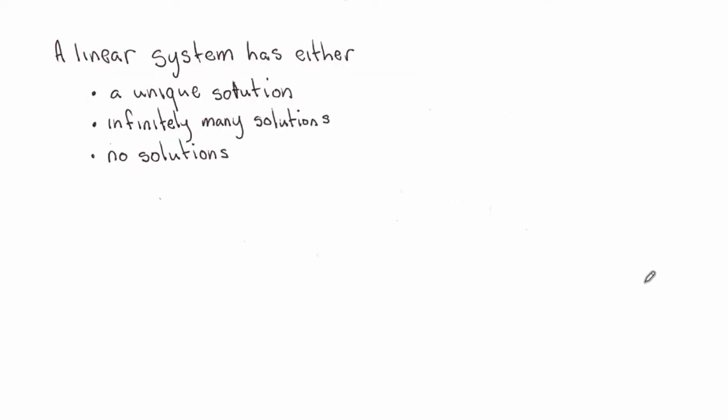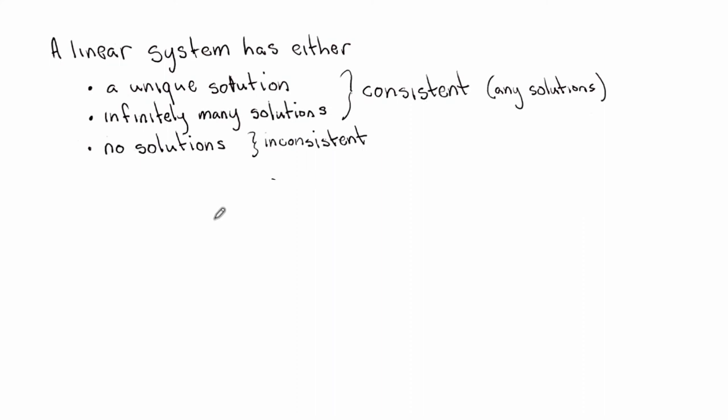All right. A linear system has three possibilities for solutions. It can either have a unique solution, so exactly one, it can have infinitely many solutions, or it can have no solutions. If we have any solutions, we call the system consistent.